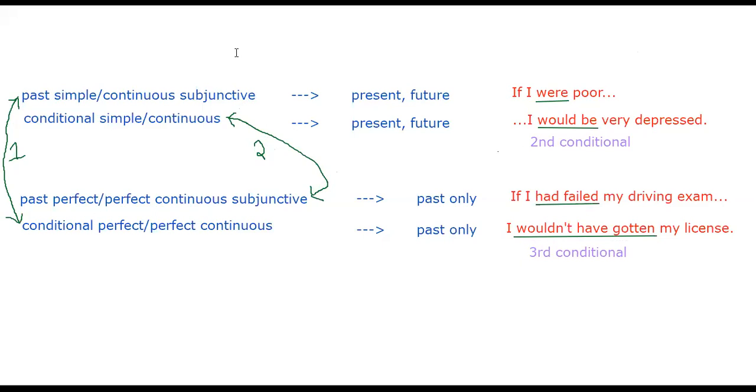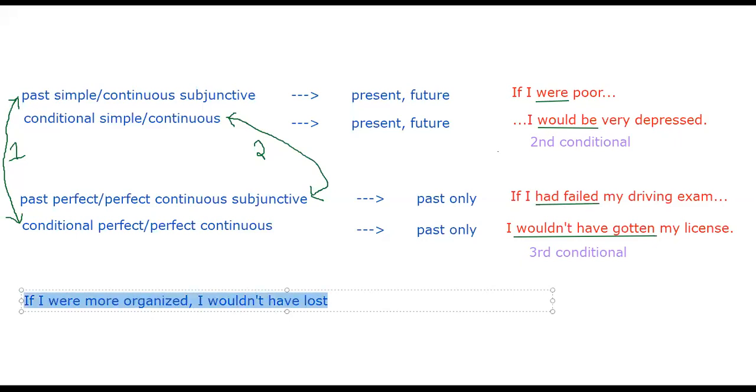And then for mixed conditionals, let's say we have a sentence like, if I had done better in school, I would have a better job now. Or actually, no, that's the second one. Let's save that one. Let's say, if I were more organized, I wouldn't have lost. Actually, no, I have a better idea.